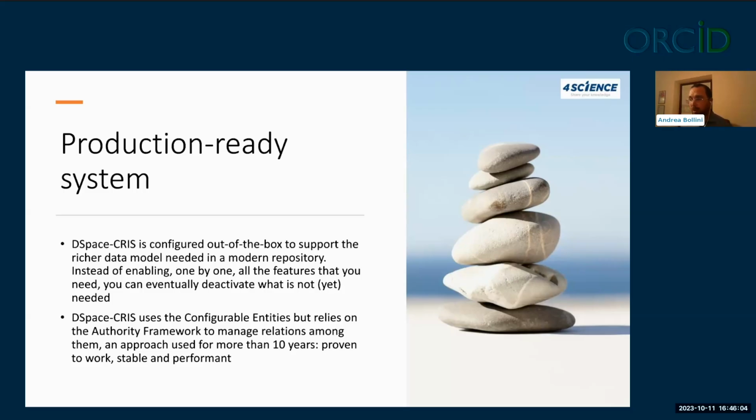You have configurable entities enabled and properly working, with a configuration that is production ready. It's not a sample, it's not something that you are strictly required to improve or to change. It's based on what the international standards recommend and is useful for most institutions. If you need to make changes, of course, you can also extend it to adapt it to your specific needs.